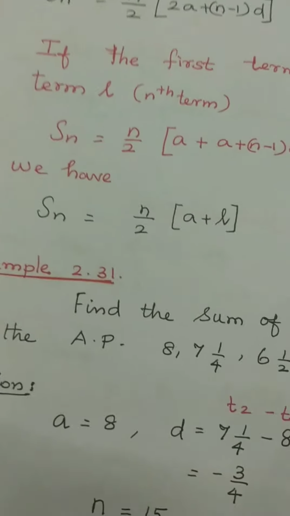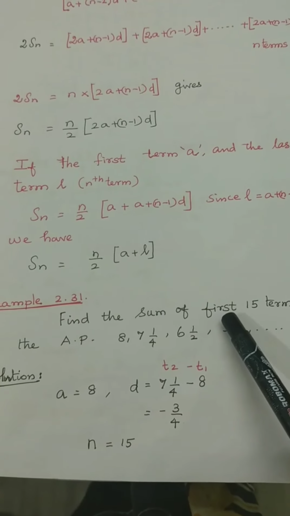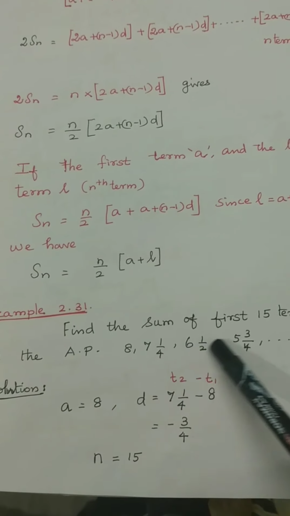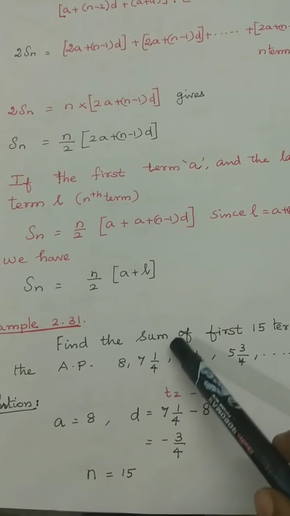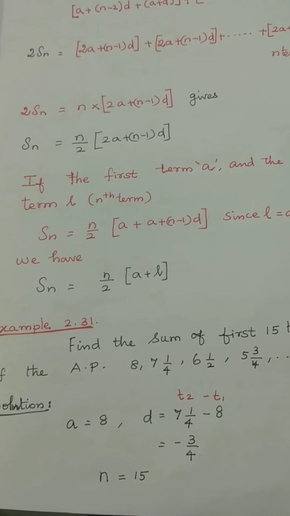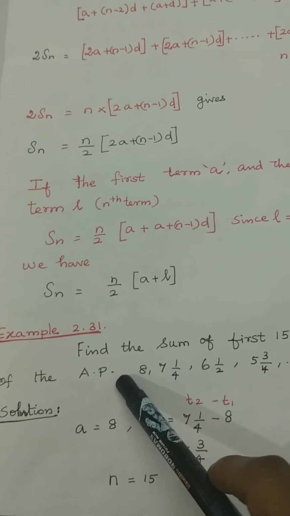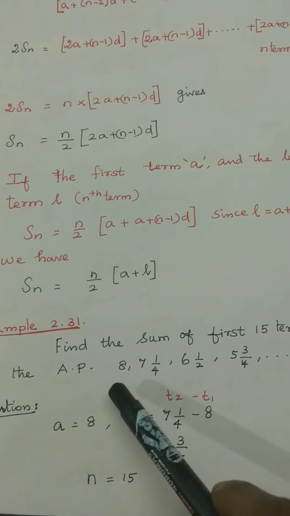Example 2.31. Find the sum of the first 15 terms of the AP given by the series 8, 7 1 by 4, 6 1 by 2, 5 3 by 4 and so on. Solution. Here we know the first term A, and the last term is not given.